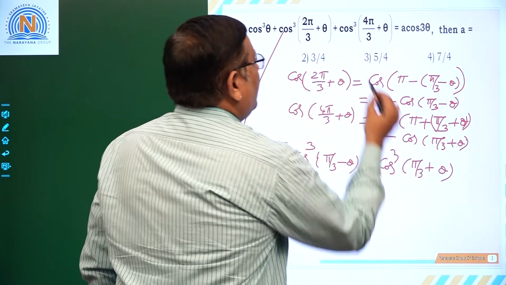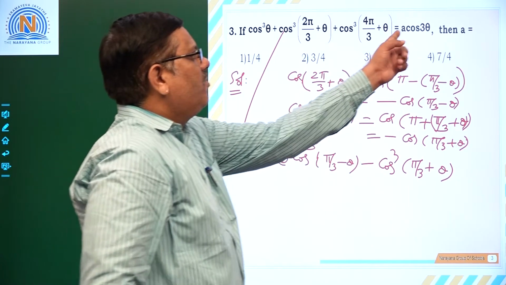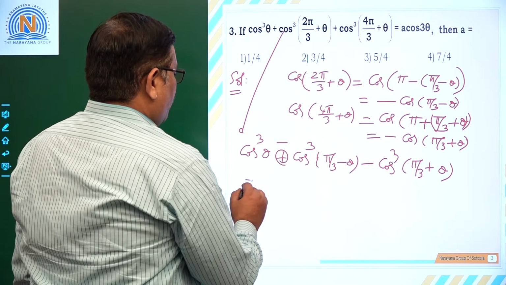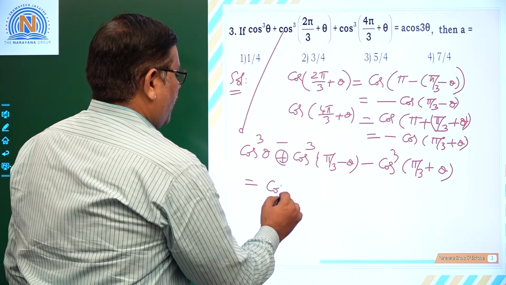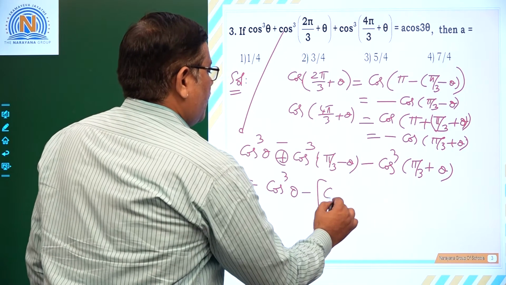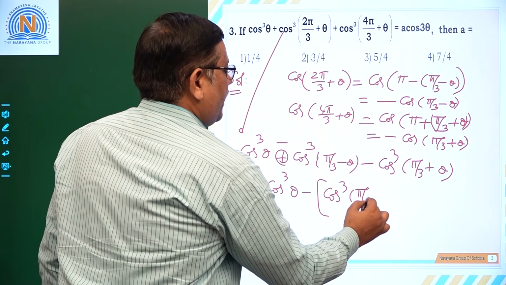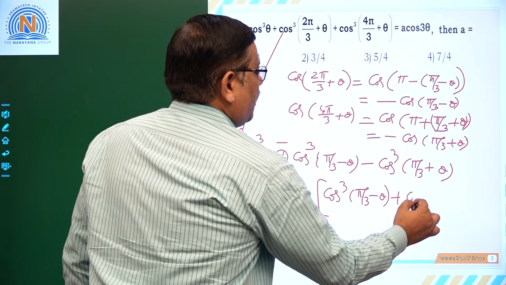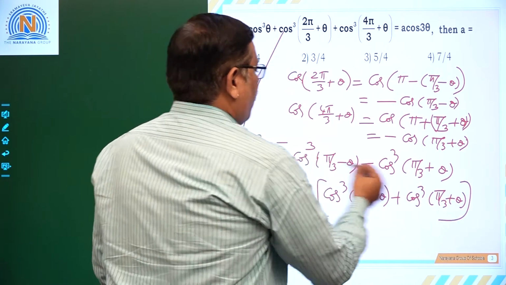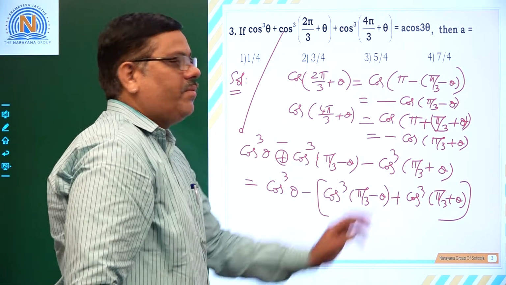This is what it changes to, and that is equal to, of course, a cos 3 theta. Let us see that later. So that is going to be cos cube theta minus cos cube of pi by 3 minus theta, minus cos cube of pi by 3 plus theta. Both have a minus sign. If I take minus common, both become plus.